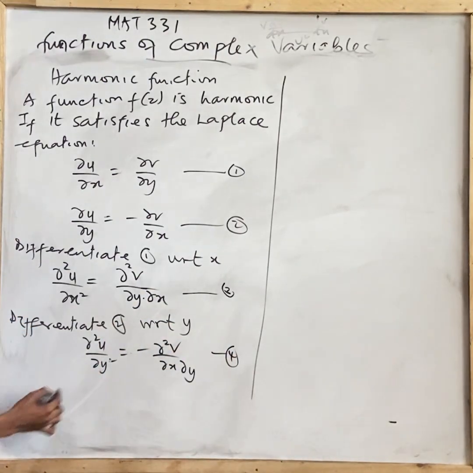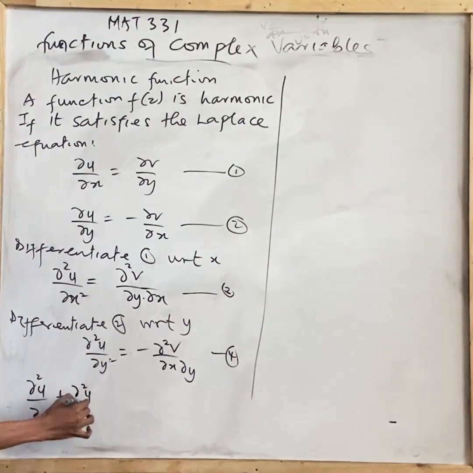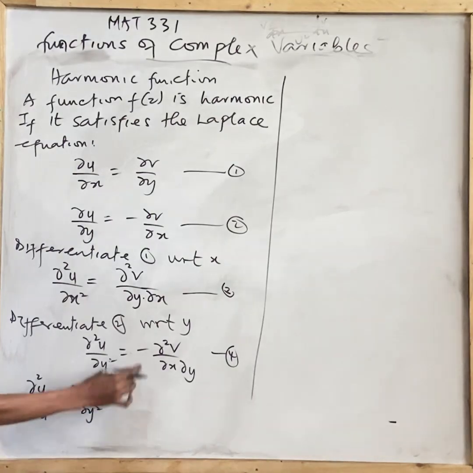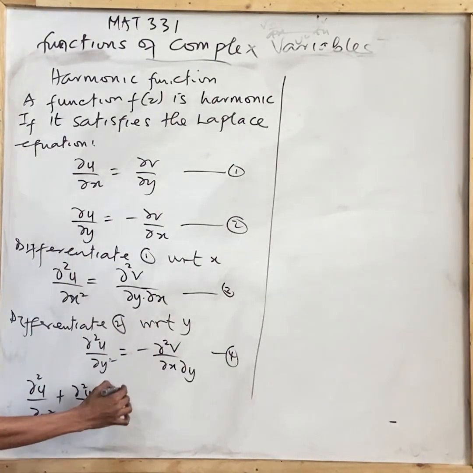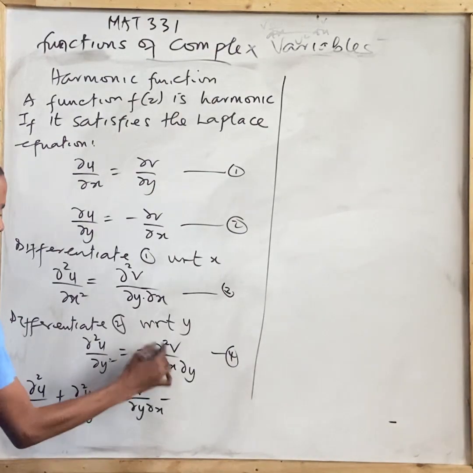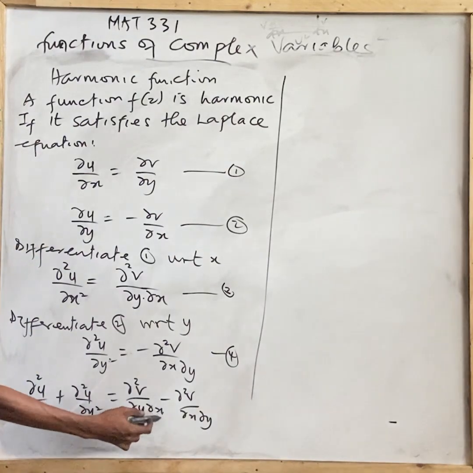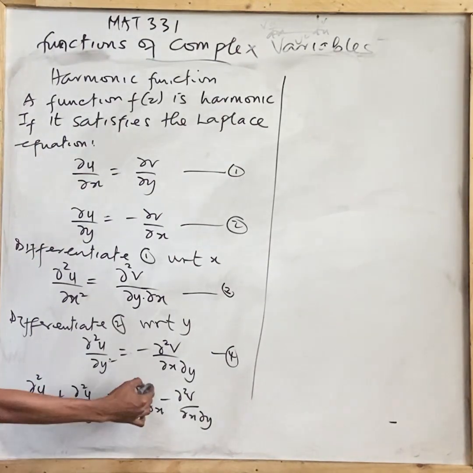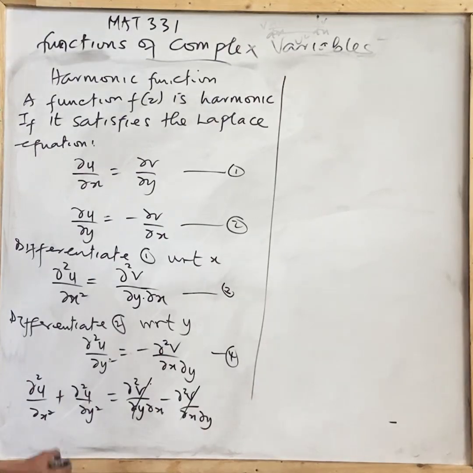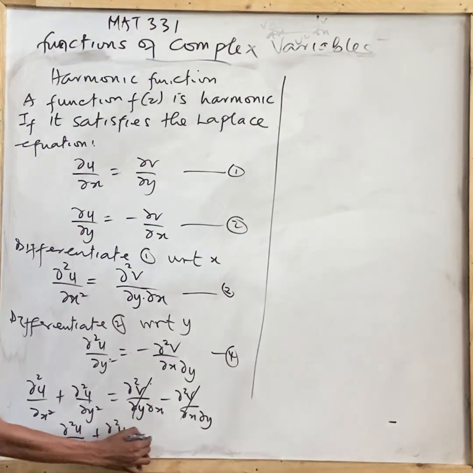If I add them together, we are going to have d square u dx squared plus d square u dy squared is equal to adding these two. That's d square v dy dx minus d square v dx dy. So dy dx and dx dy are the same thing. So this one will cancel out. That will be 0. Therefore, d square u dx squared plus d square u dy squared equals 0.